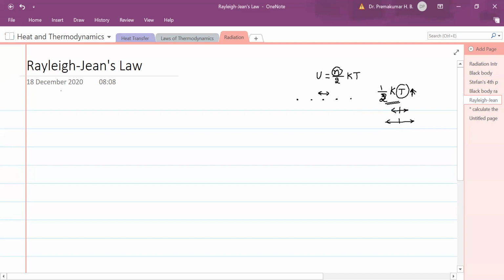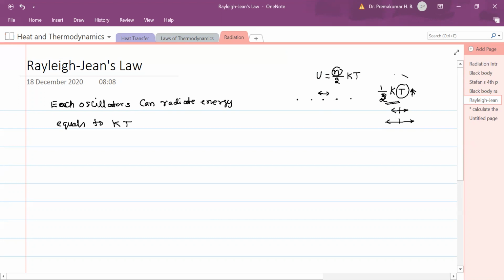Each oscillator, that's a concept that Rayleigh and Jeans assumed, can emit or radiate energy equal to kT.